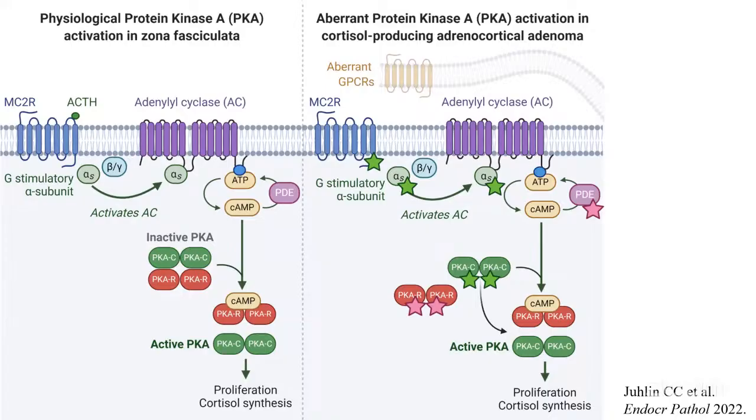However, similarly to aldosterone-producing lesions, activating mutations in this pathway, or deactivating mutations in inhibitors of this pathway will lead to similar activation of PKA, which will lead to proliferation and cortisol synthesis. So some of these gene mutations are somatic for sporadic adenomas and so forth, and some are germline, as we talked about previously within the bilateral micro and macronodular adrenocortical disease states.